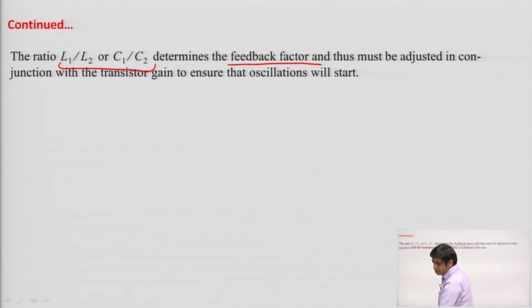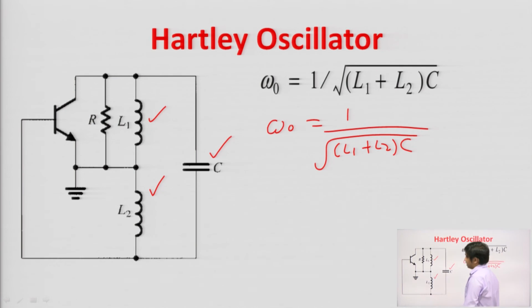Similarly, we can do the calculation for the frequency of oscillation of the Hartley oscillator. Again, what we have to do? We need to draw the equivalent circuit. We have already understood the equivalent circuit of the Colpitts oscillator.